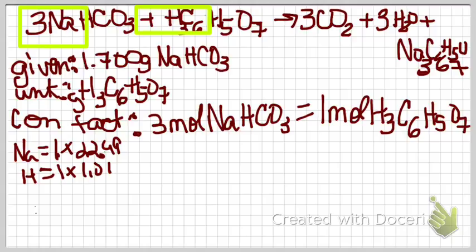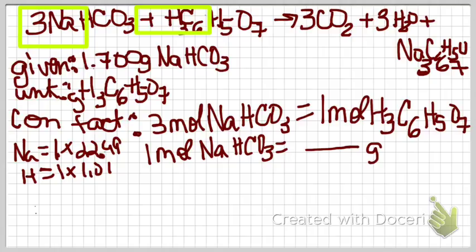But I'm going to take the help that's given, and it tells me in the textbook that for every 1 mole of NaHCO3, there are so many grams. And they did this for us, and they gave us 192.12.